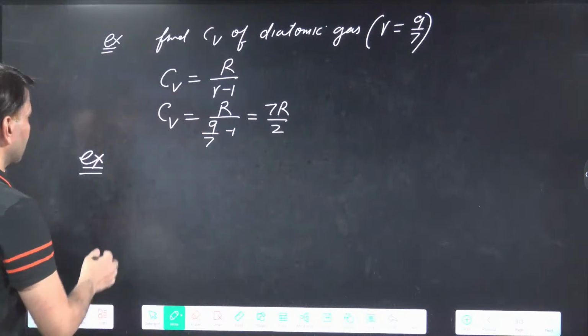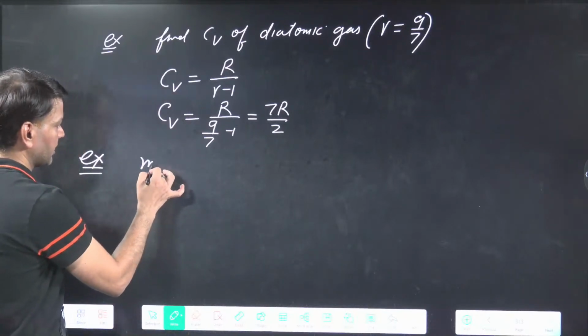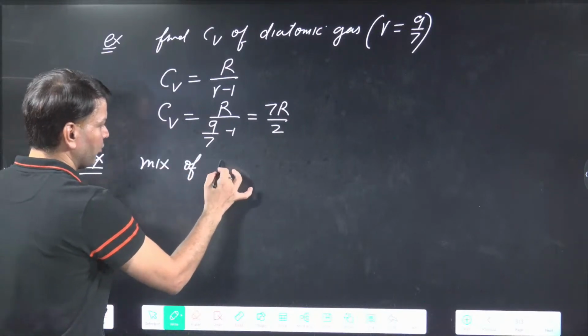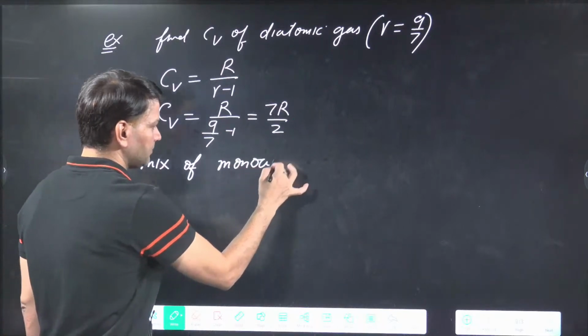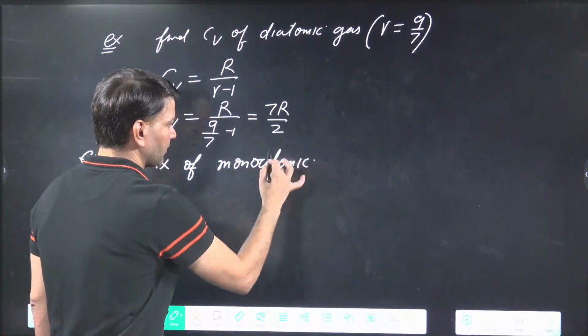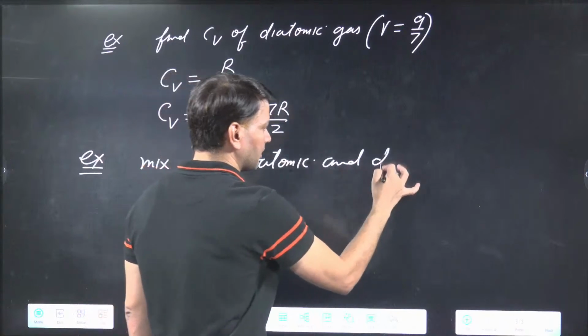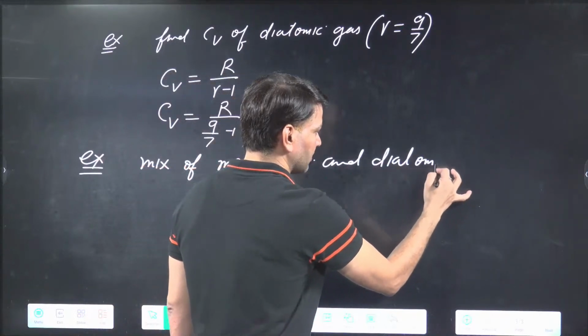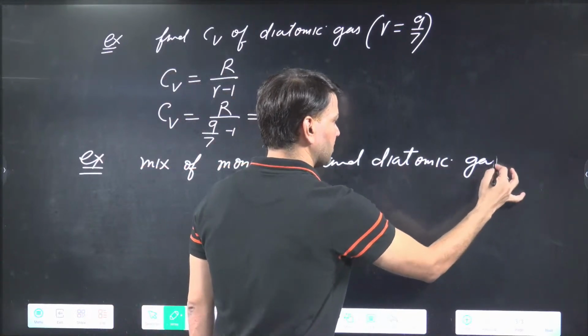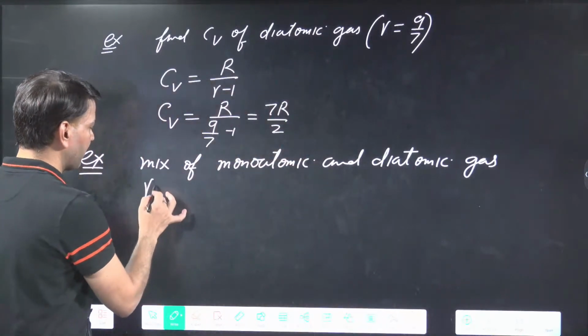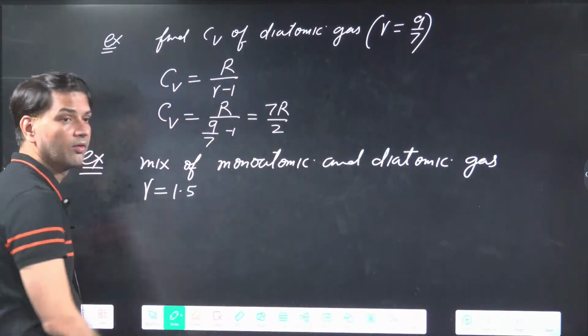Suppose I am saying a mixture of monatomic and diatomic gas, gamma is equal to 1.5.